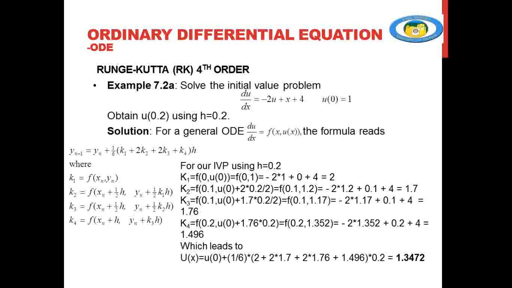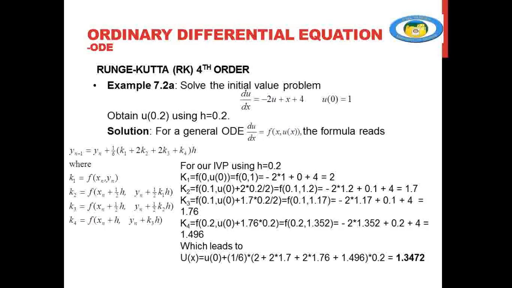Yn plus half k2h, where yn means u at 0, which is just 1, plus half times k2, which is 1.7, times h, which is 0.2, is 1.17. So using u of 1.17 and x of 0.1, we can obtain the derivatives. F of 0.1, 1.17 is negative 2 times 1.17 plus 0.1 plus 4, which is 1.76.